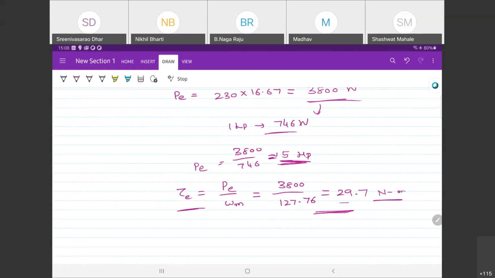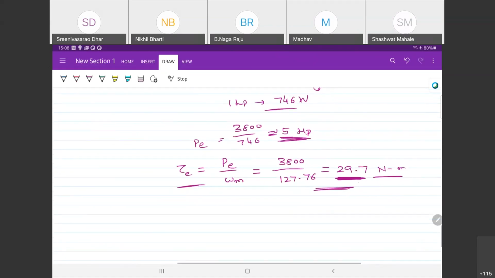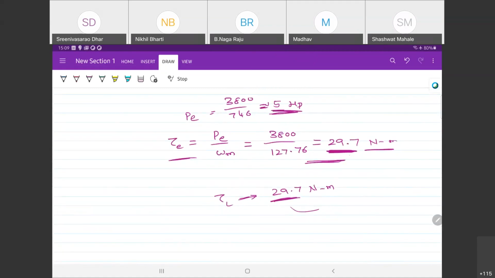So when you give a load torque of around this much value, 29.7 Newton meter, then the machine is operating at full load, right? If you want the machine to operate at off load, then we need to divide this by 2.